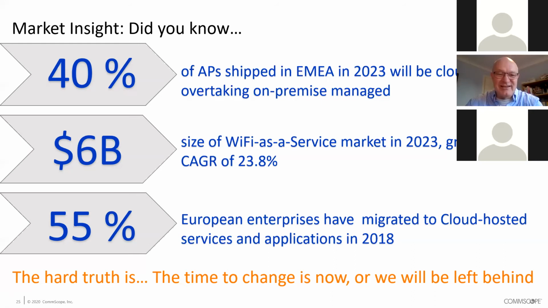And as you can see, that's quite a large chunk of market to go for, and growing. Also, there's a 2018 figure for European enterprises that have migrated to cloud-hosted services. Quite a chunk of enterprises say they have moved to a cloud-based environment. So it's certainly something to start discussing with your customers.